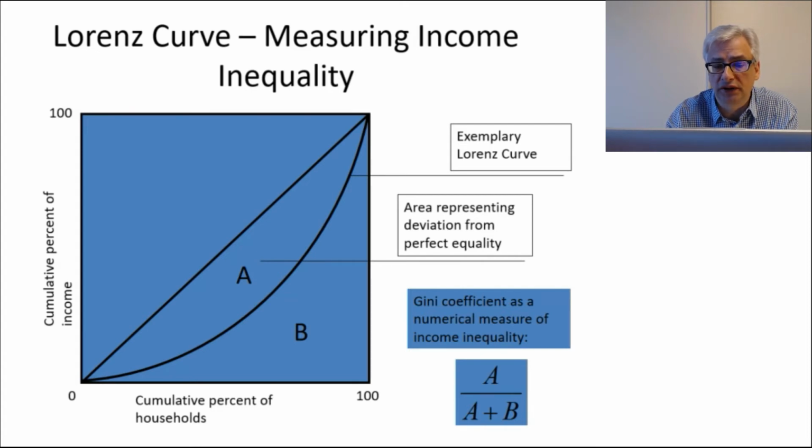For perfect inequality, this A area would be as big as possible and B would be 0. Hence, if B is 0, then we've got a Gini coefficient of A divided by A, which is 1. So we've got a Gini coefficient of 0 for perfect equality and 1 for perfect inequality.